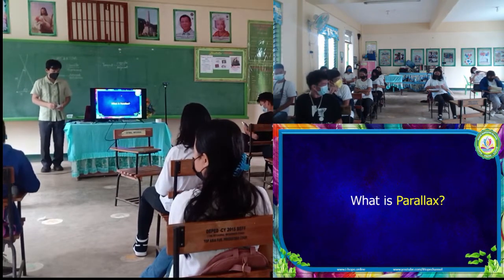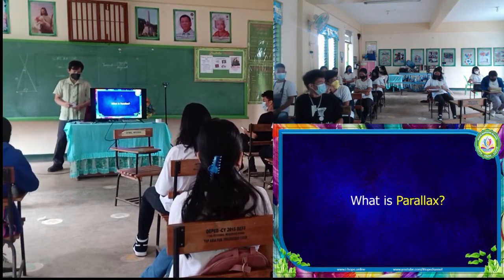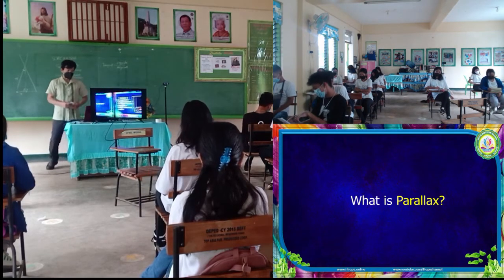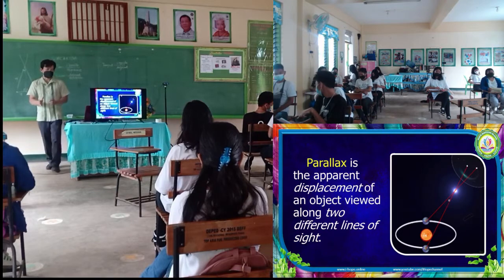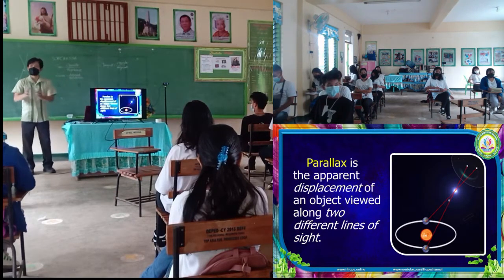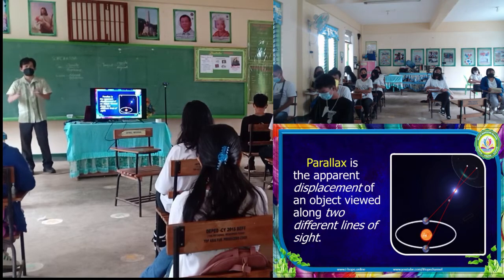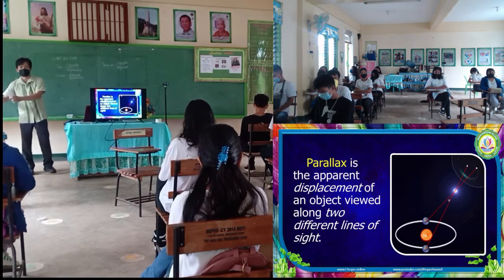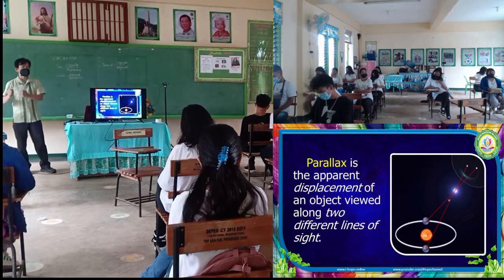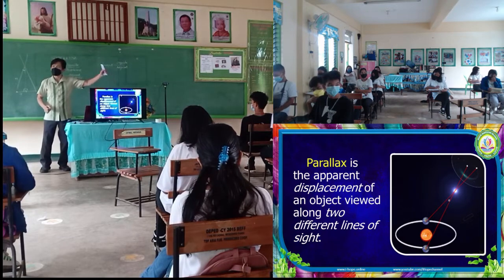Parallax is the apparent displacement of an object along two different lines of sight. When you say displacement, it means relocation: you transfer your position from one location to another. So the viewer transferred his or her location from one point to another point.